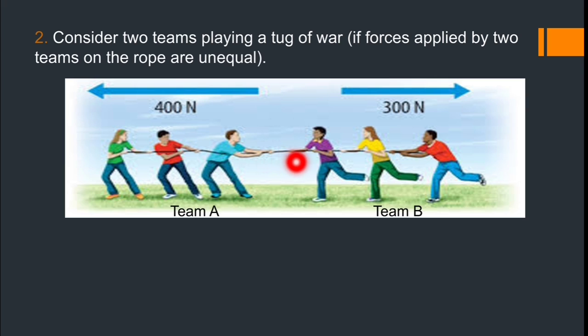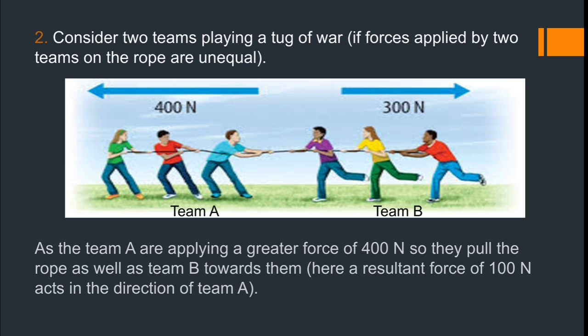The net force will be equal to 400 Newton minus 300 Newton, which acts in the direction of team A. So we can say that 100 Newton of net force is acting on this rope and the rope will move towards team A. Also, team B moves towards team A because there is a resultant force of 100 Newton in the direction of team A.